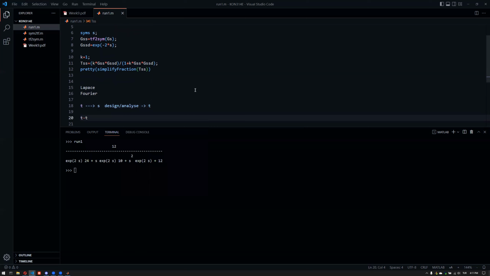So that's basically the whole idea in engineering when we use Laplace and Fourier transforms in filtering systems and doing stuff like that.